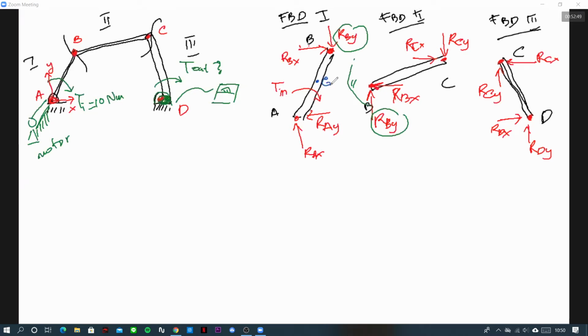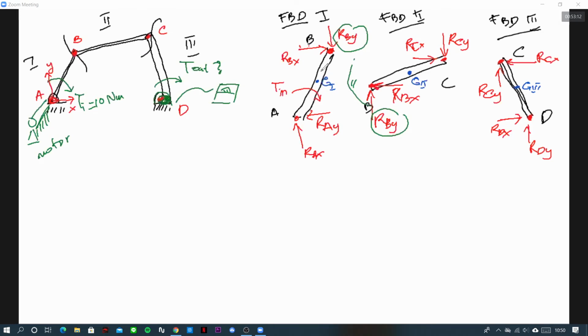That's it. Once more, you remember that each link has a center of gravity G. So we can call this G1, here is G2, and here is G3. It means each of G1 to G3 has its corresponding inertia force and moment.